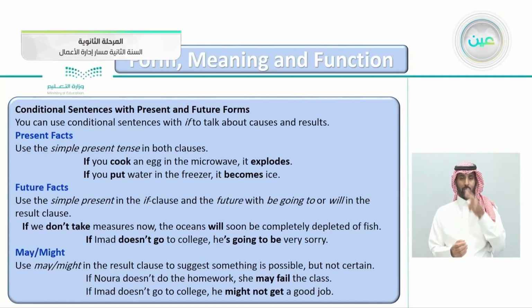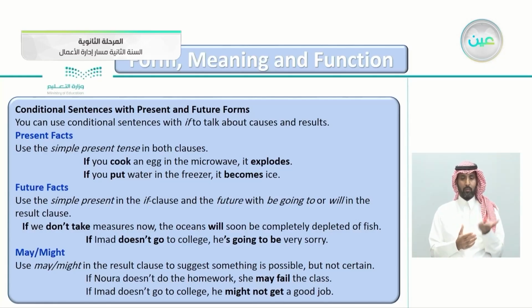Let's look at some examples here. If we don't take measures now, so this is the if clause, we use the simple present. Now we go to the result clause: the oceans will, this is the future will, soon be completely depleted of fish.